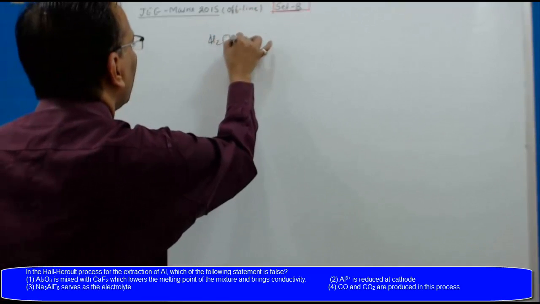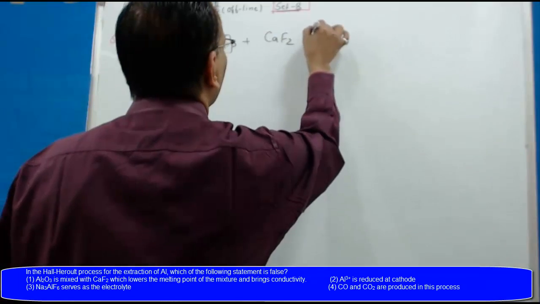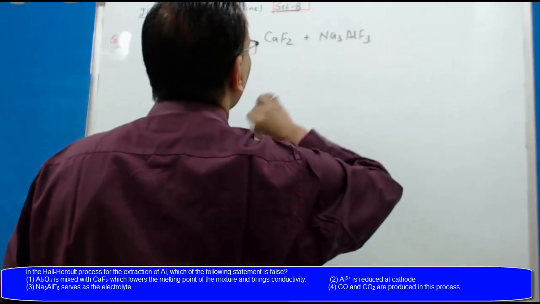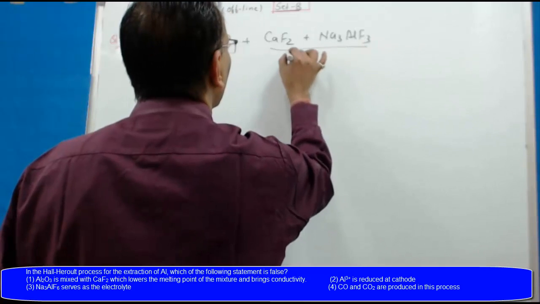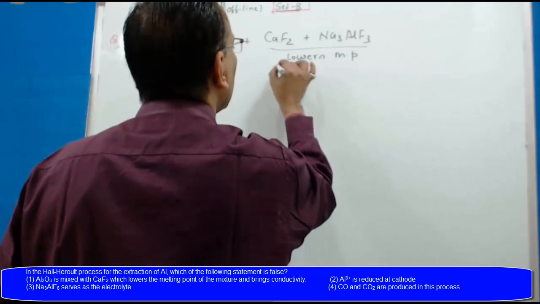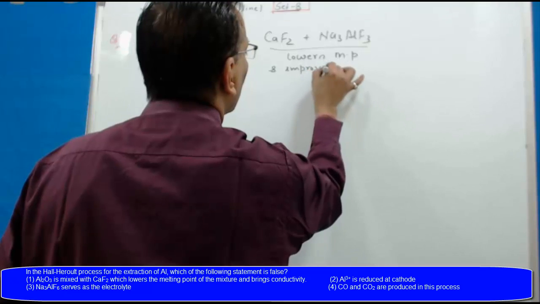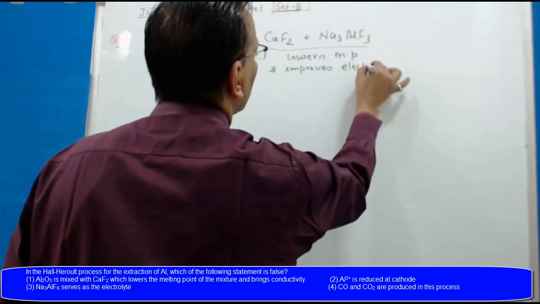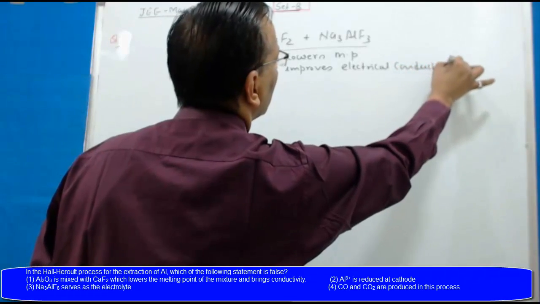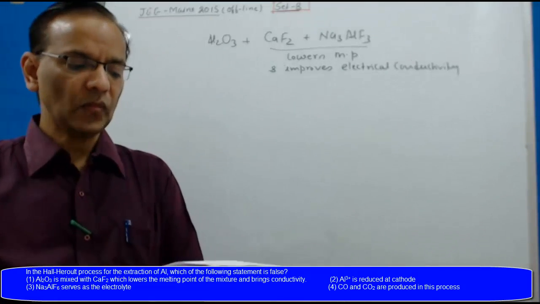Also, cryolite Na3AlF6 is mixed, and these two lower the melting point of alumina and improve electrical conductivity so that it can be electrolyzed. So it is correct.